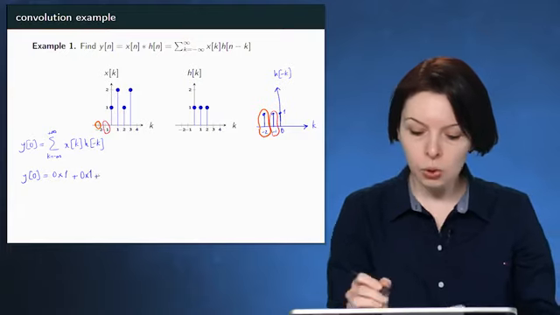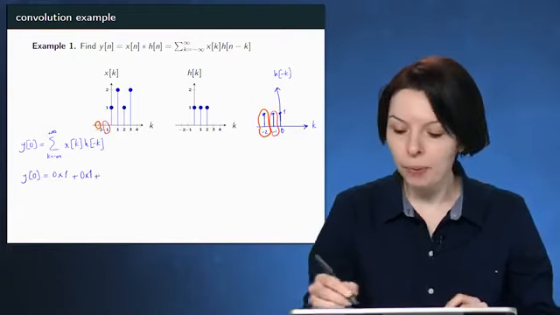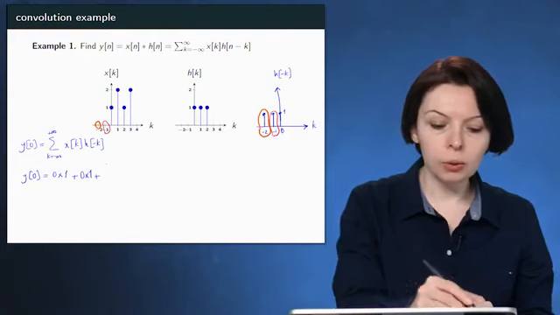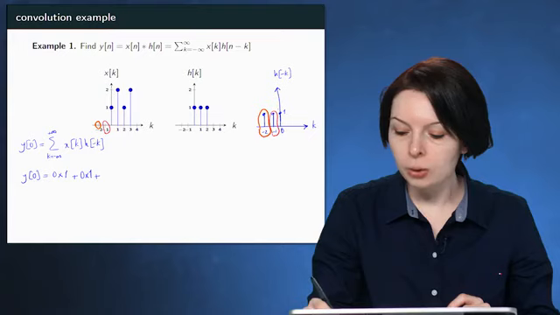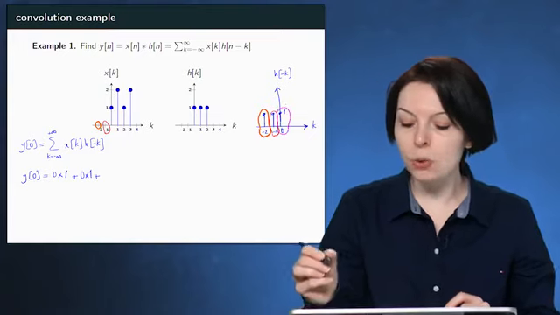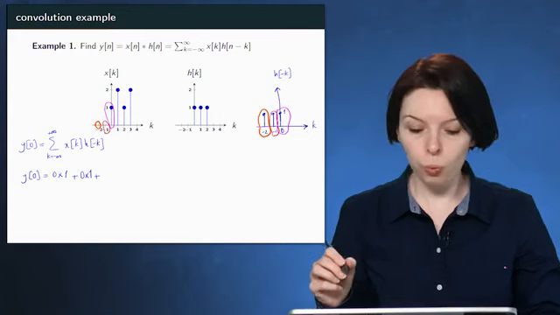Then plus, I'm ready to check the values of these two signals for k equal to 0. So this is equal to, at k equal to 0, h of negative k is 1, and at k equal to 0, x of k is equal to 1 as well.